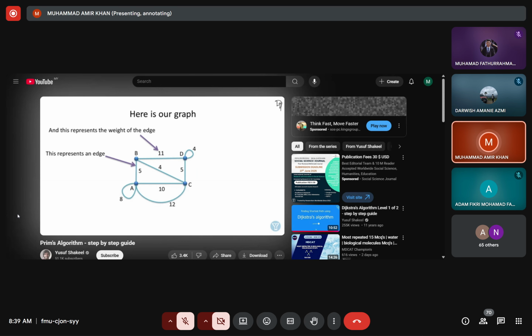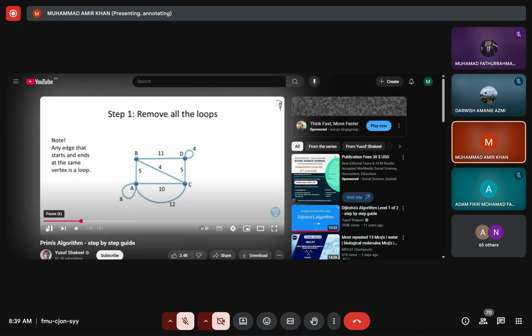So the first step is to remove all loops in the graph. What is a loop? Any edge that starts and ends at the same vertex is a loop.